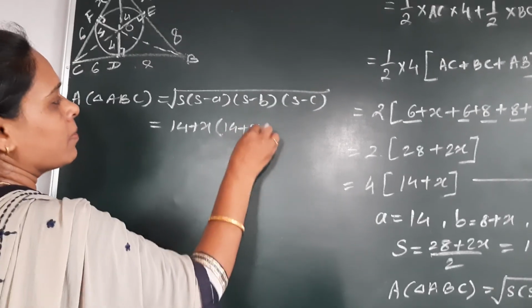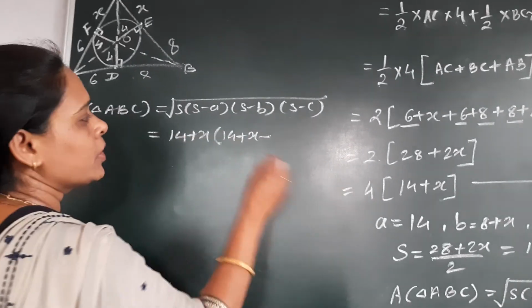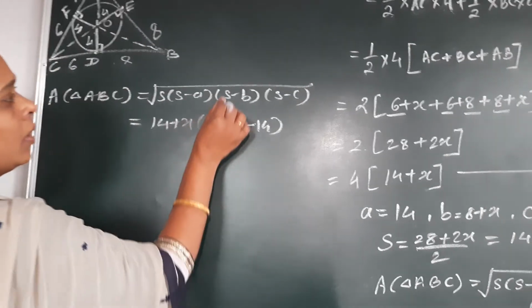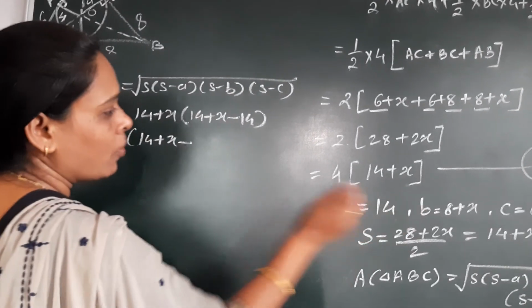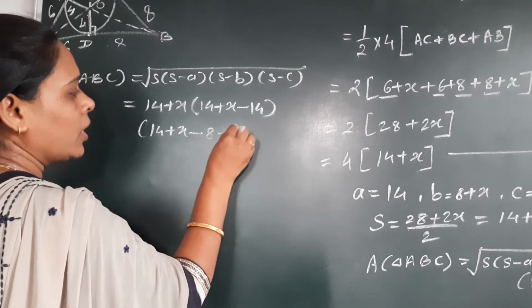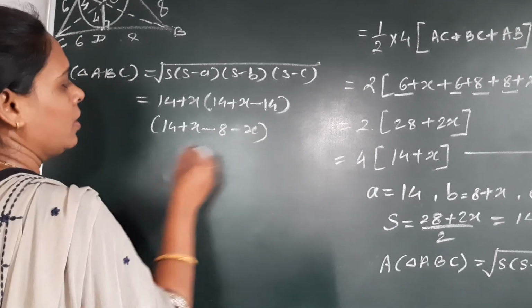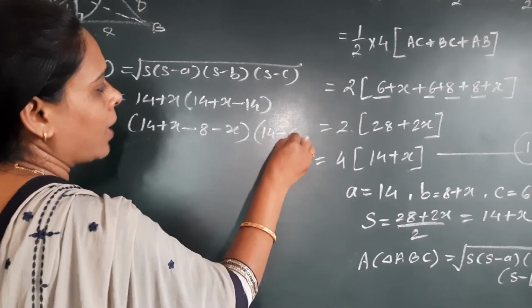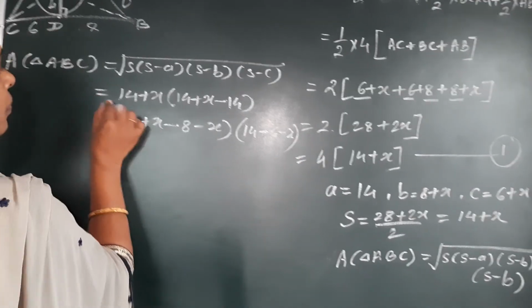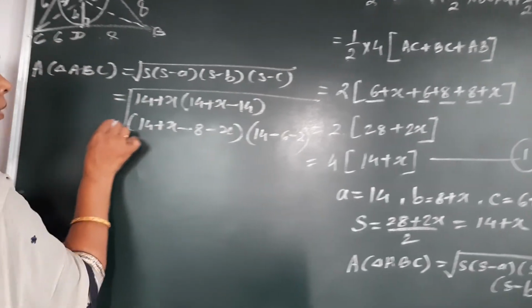14 plus x minus A, the value of A is 14. Then 14 plus x minus B, the value of B is 8 plus x. Give the negative symbol for subtraction, and 14 plus x minus C, it is minus 6 minus x, and give the root here.